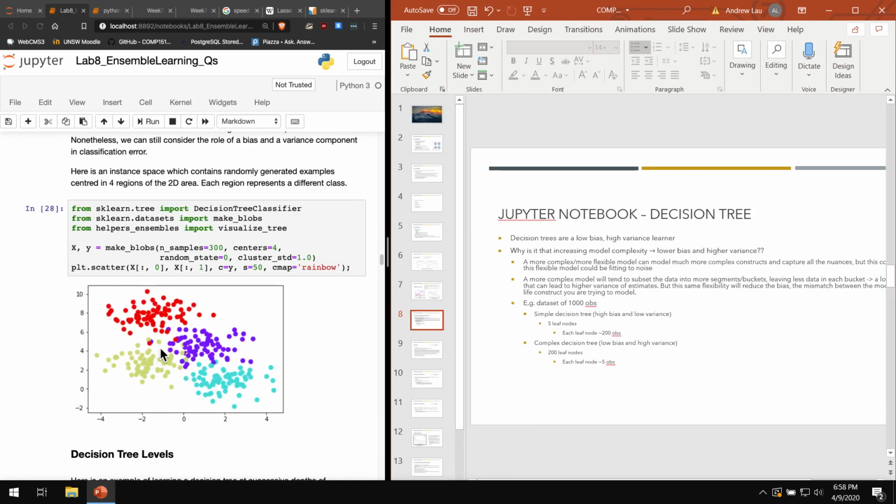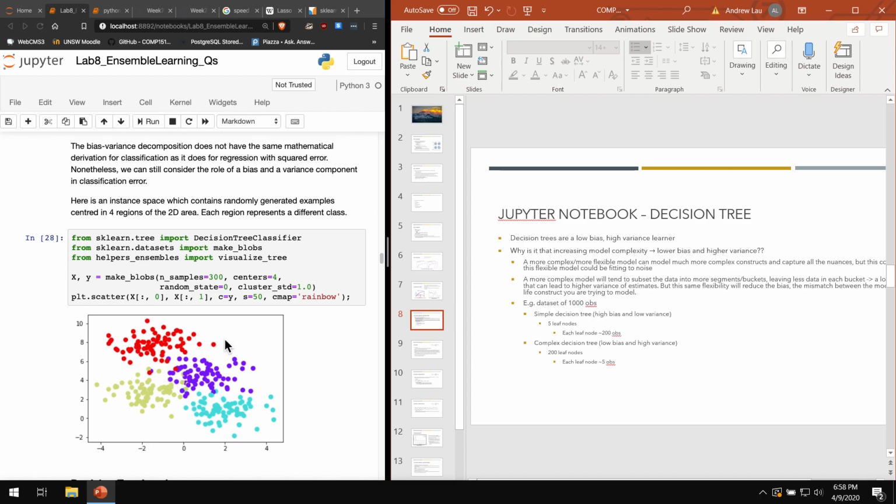Okay, decision tree. Now, decision trees are notorious for being a high variance but low bias estimator. They tend to overfit. Now, why is this? Think about your decision tree. Effectively, it's a bunch of if-else statements, right?